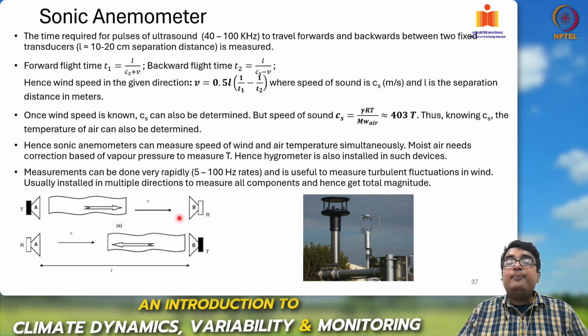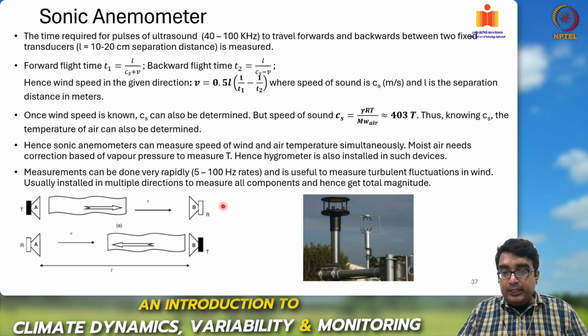So if the time between emission and reception of the direct sound and the reflected sound are accurately detected, this is a way to get the component of the speed of sound in this direction where A and B are oriented.